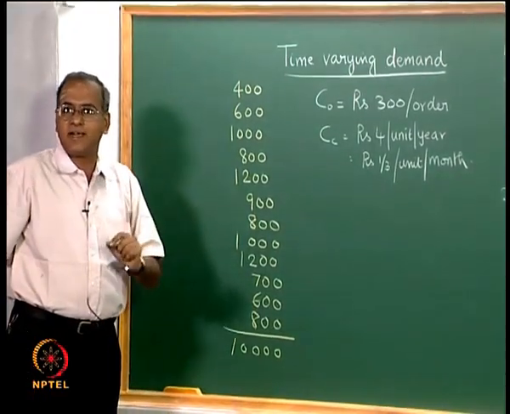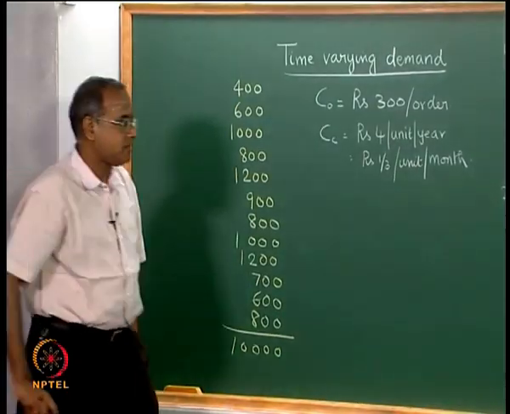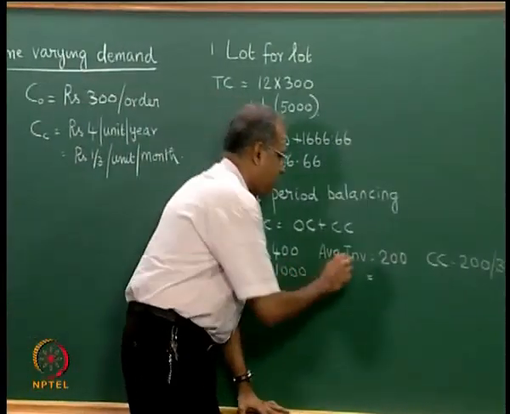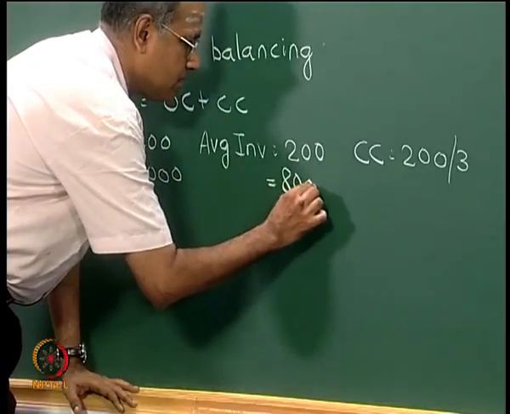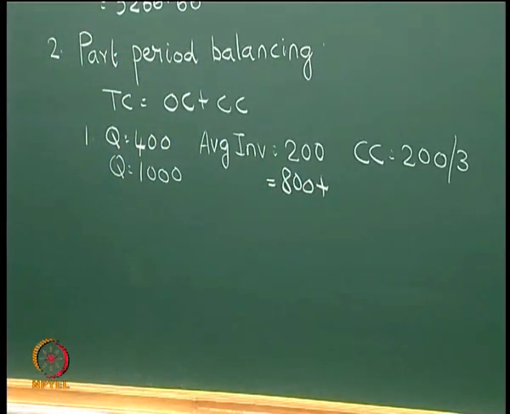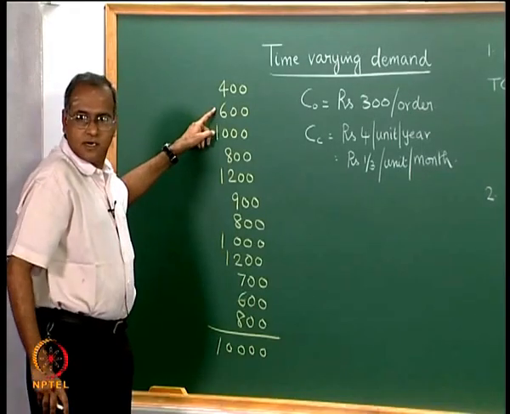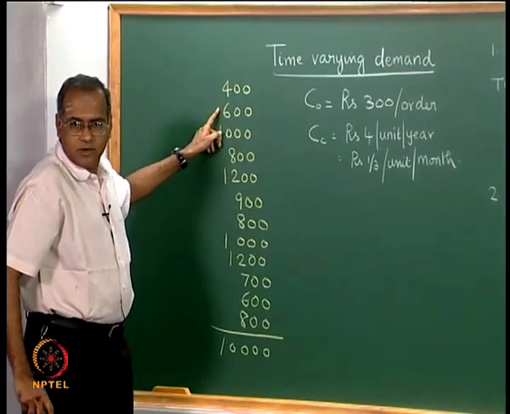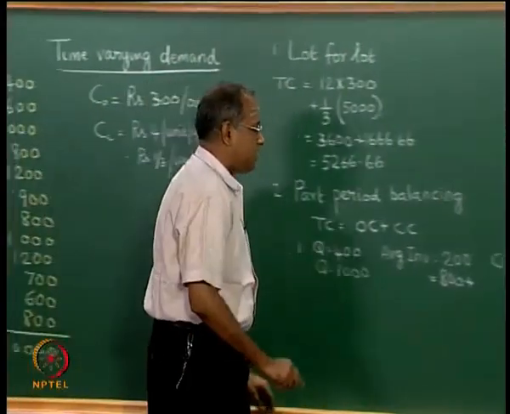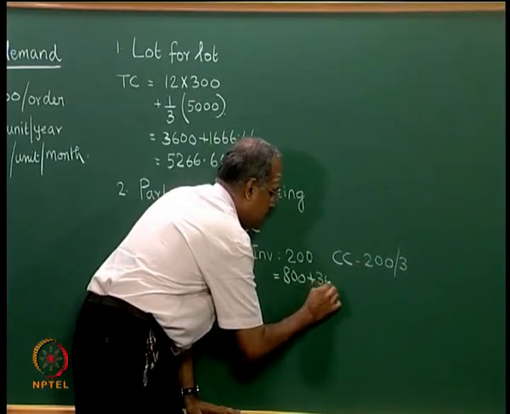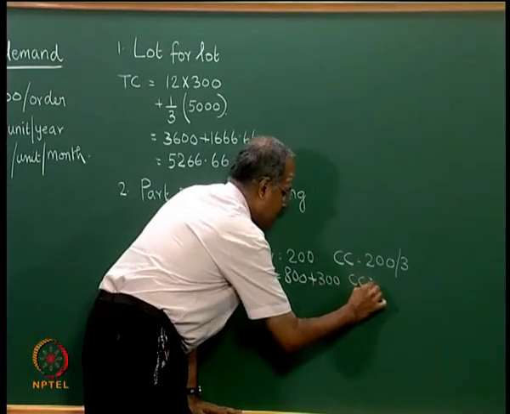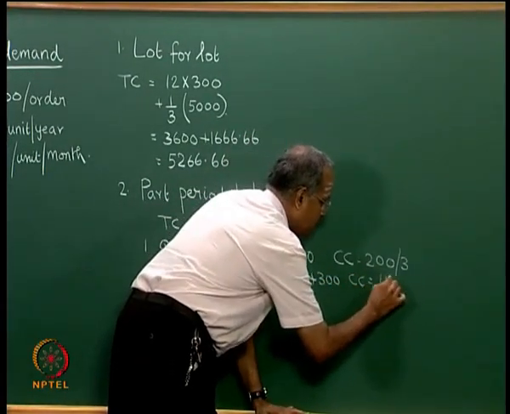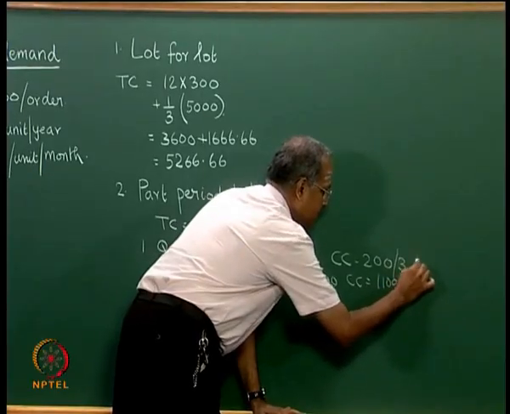So the average inventory is 800 for the first month. Second month we would begin with 600 and end with 0. So there will be another 300 here, and the carrying cost is 1100 divided by 3.